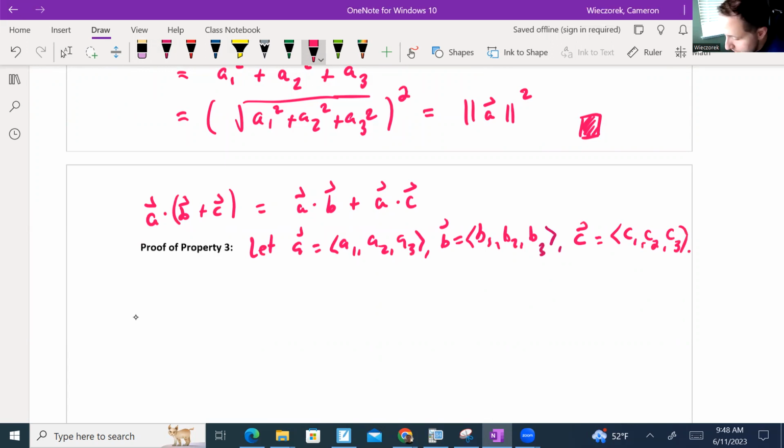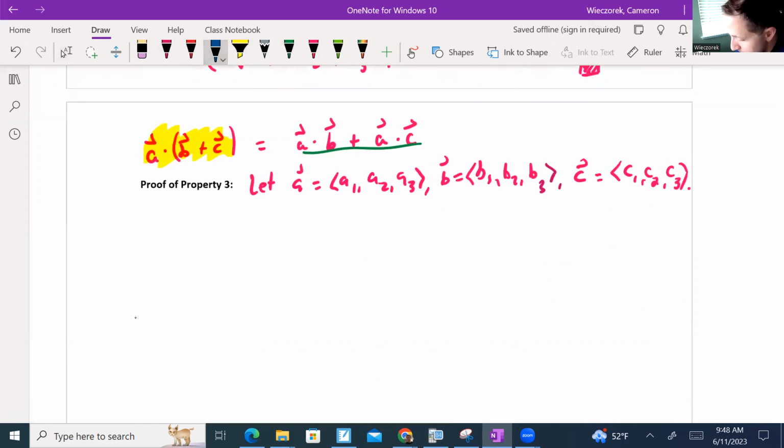All right, and again, like we did in the last one, I think for me it'd be easier to start with the left-hand side, and I'm going to try to manipulate it so that it becomes the right-hand side. So I'm going to start with A dotted with B plus C, and we'll see what happens. The thing with these proofs is they're a little tedious. You got to write out each step.